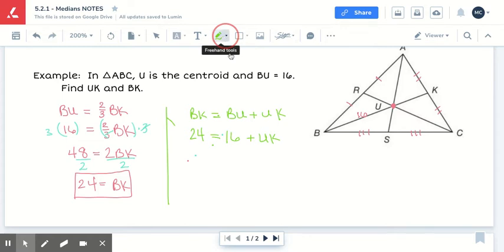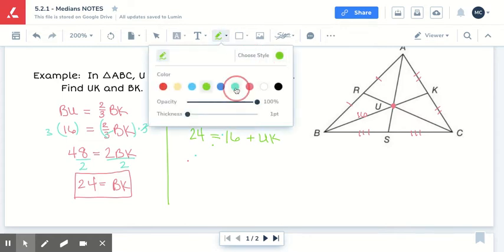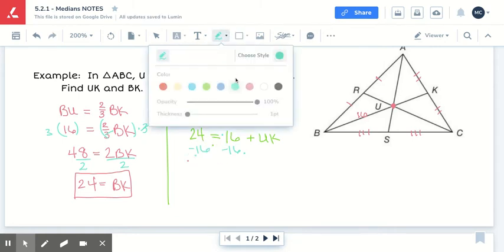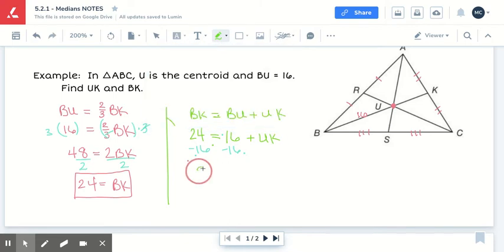So all I'd have to do here is just subtract 16 from both sides of the equation, minus 16, minus 16. And then perform that arithmetic, and I would get 8. So UK is equal to 8. And that was the other piece of information they asked me to find there.